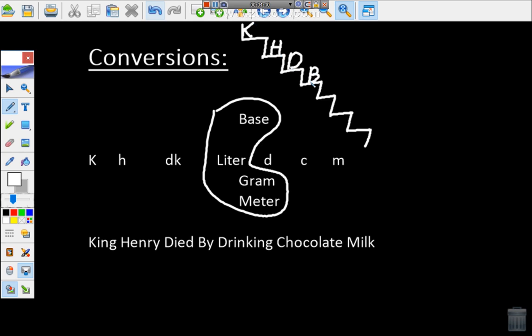We go to our base units. The little d, little c, little m. And King Henry died by drinking chocolate milk, or King Hector died by drinking chocolate milk, or King Hector's daughter drinks chocolate milk. However you want to use it.